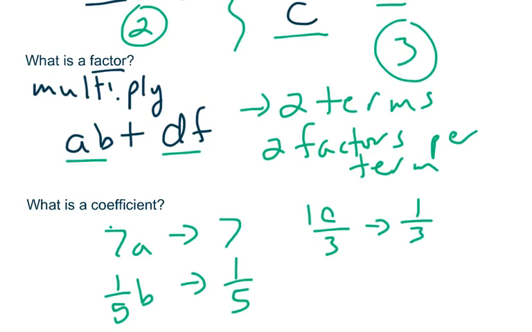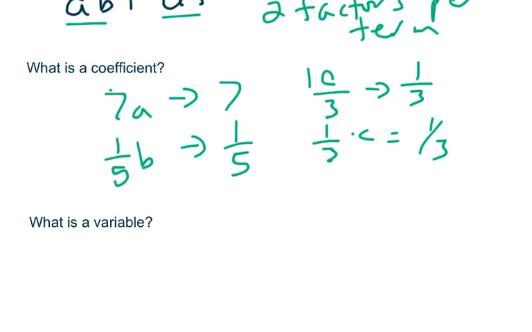So the coefficient is a number attached to, through multiplication, a variable. Or sometimes it can also be a division, it's just then you have to turn it into a fraction. So this then gives you 1/3 times c equals 1/3. So a coefficient is a number that is attached to a variable.